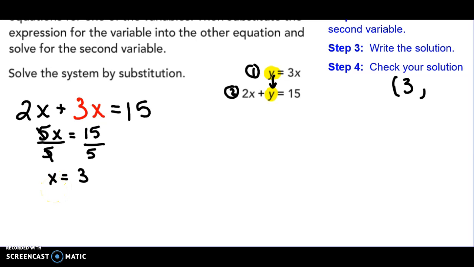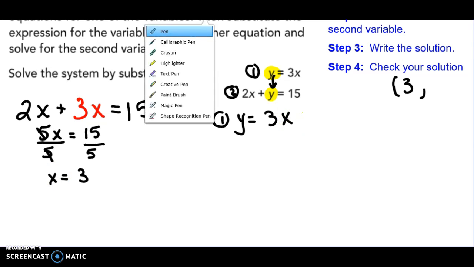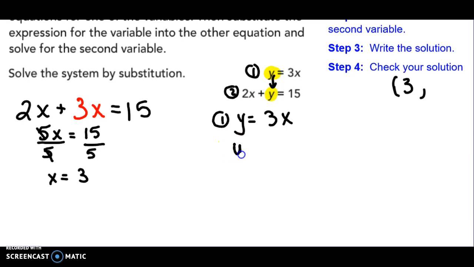So let's try using the first equation. The first equation says y equals 3x. Remember, I know exactly what x is, and my goal is to find y. So I have y equals 3, and I'm going to substitute the value of x in for this x here. So I have 3.